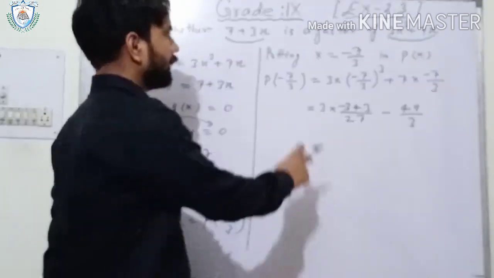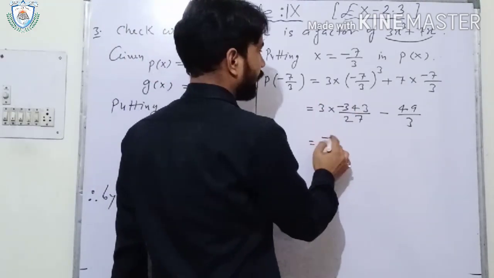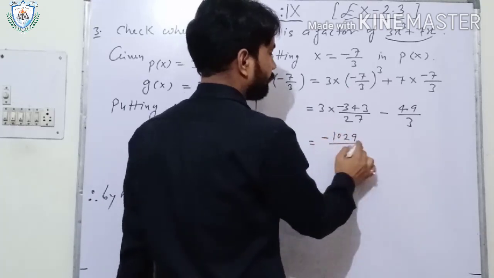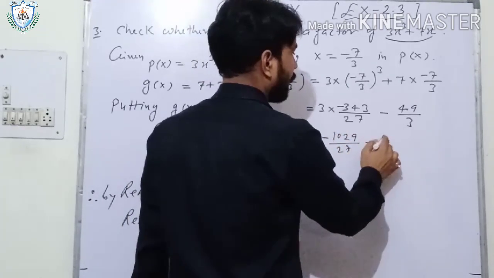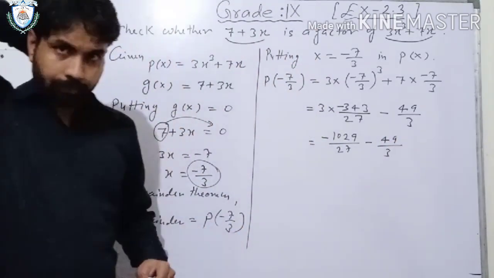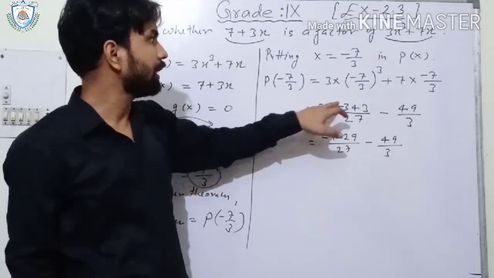Clear? Now see, this 3 is multiplied in minus 343. So this will be minus 3 threes are 9, 3 fours are 12, 3 threes are 9, so 1029 upon 27, minus 49 upon 3. Clear? Understood? So 3 is multiplied here.